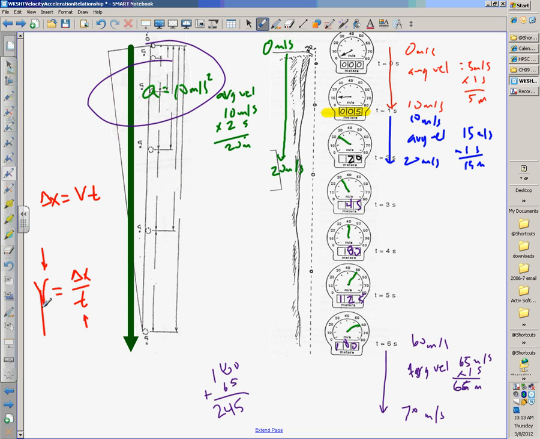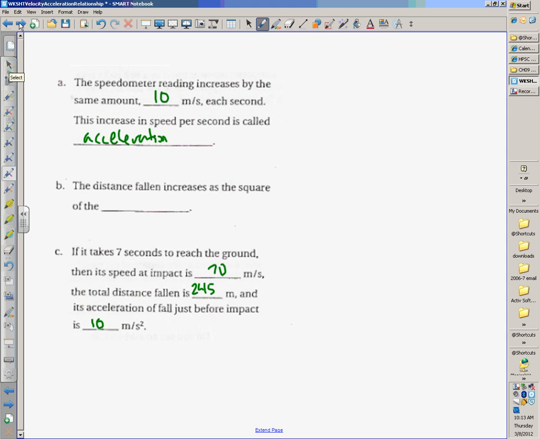I just multiply both sides by t, right? If I take the velocity that it was going and multiply it by the time that went by, I'll figure out how far it went. Does that make sense? Okay. So that's all I'm doing here with the 65 meters per second times 1 second. I'm just dealing with that second. Okay. Now, with that being the case, we could figure out 245 another way.